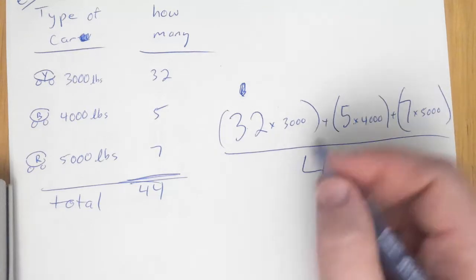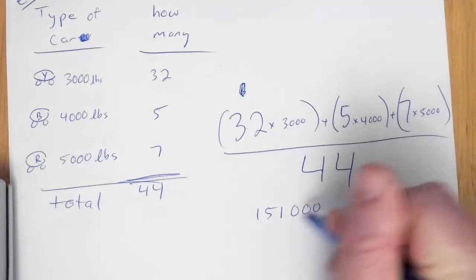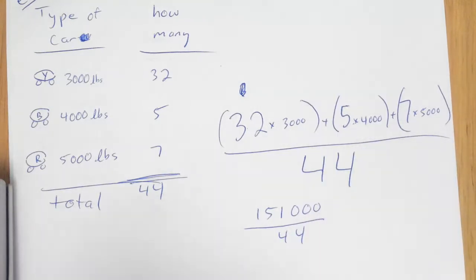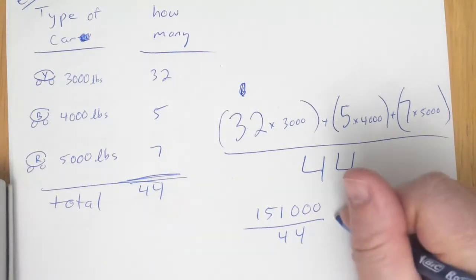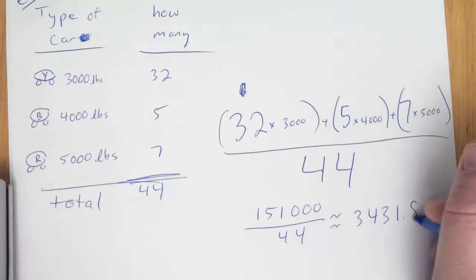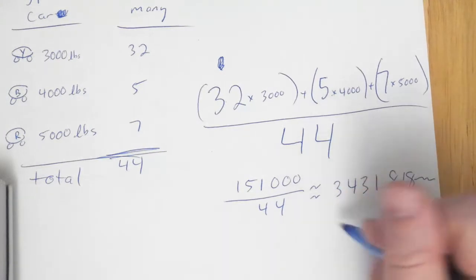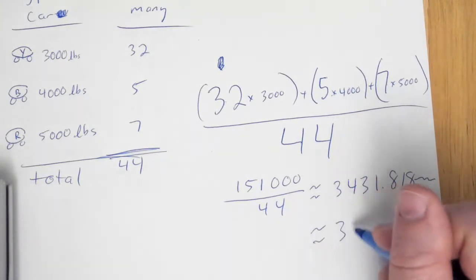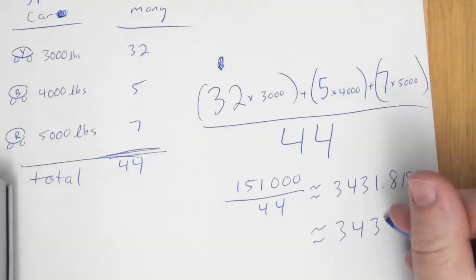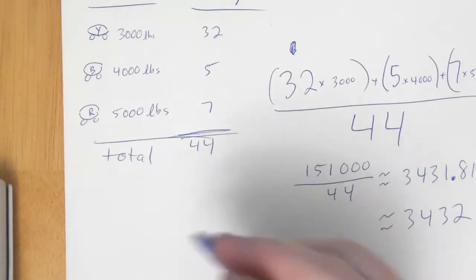I like to do just the top by itself. So that's 151,000 all over the 44. Divide those, and you get approximately 3431.818 and so on. So that's approximately equal to 3432, because you see the 8 right there, that would make it go over the hill.